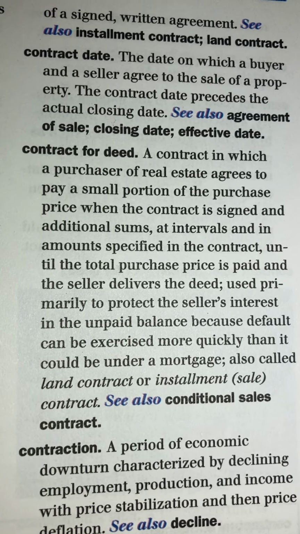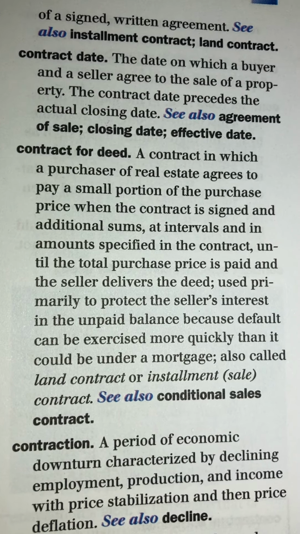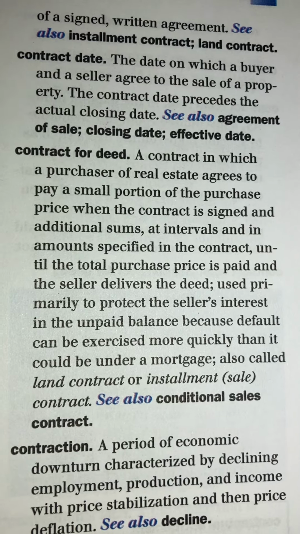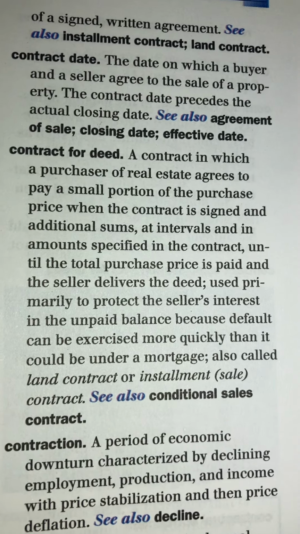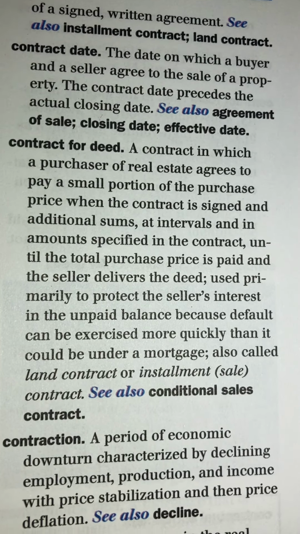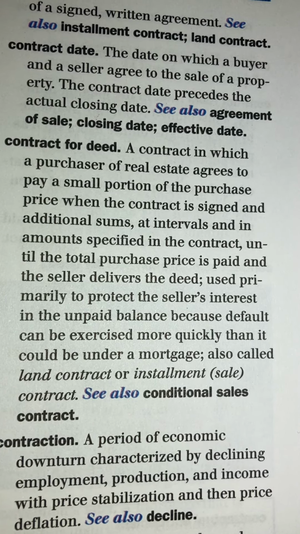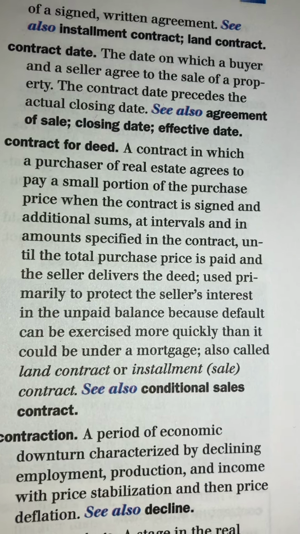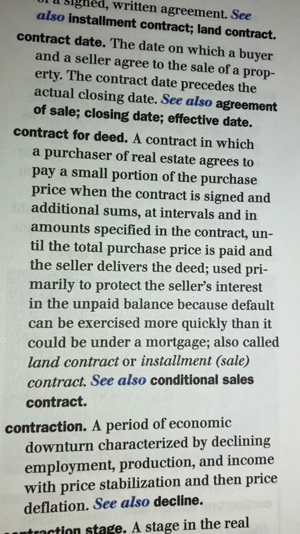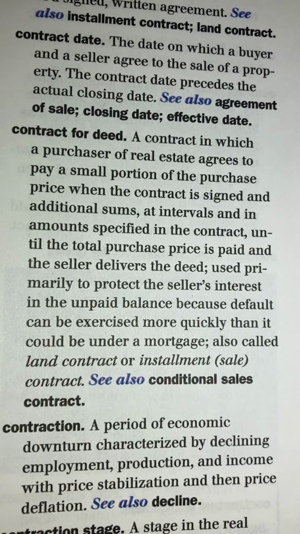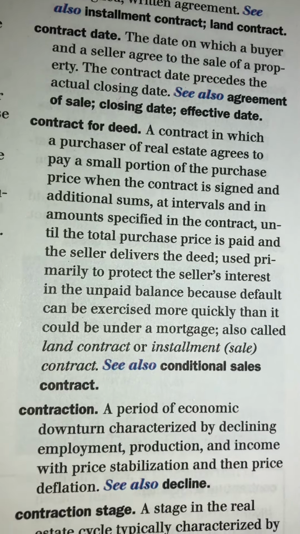Used primarily to protect the seller's interest in the unpaid balance, because default can be exercised more quickly than it could be under a mortgage, also called land contract or installment sale contract. See also conditional sales contract.